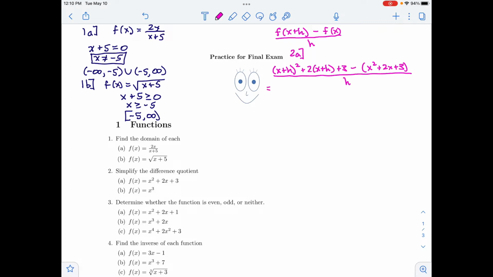If you work through it, you'll get x squared plus 2xh plus h squared. That's this part. Plus 2x plus 2h plus 3, and then subtracting off the x squared, the 2x, and the 3. It's important to put minus the whole function in the parentheses.